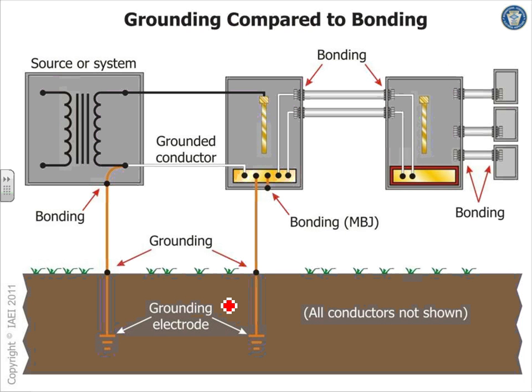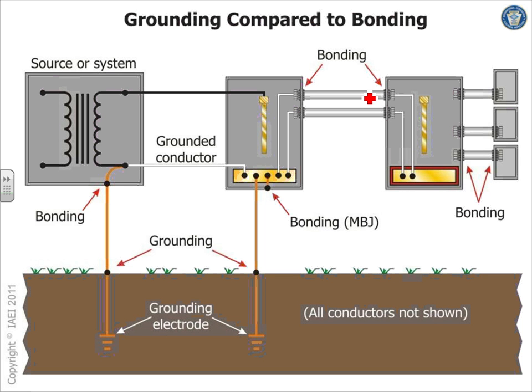So, grounding compared to bonding. You can see, guys, here's bonding the conduits. I'm not going to get into the whole issue, but I want to summarize it with one thing. You bond to put things at the same potential. You ground to facilitate the operation of the overcurrent device.